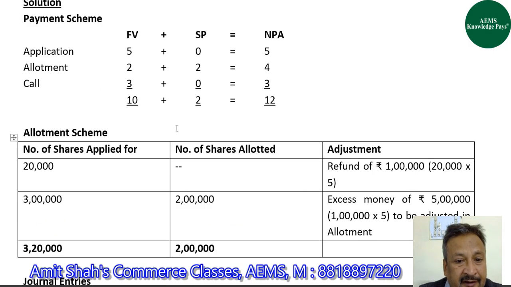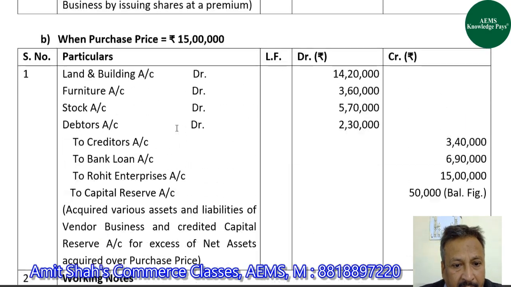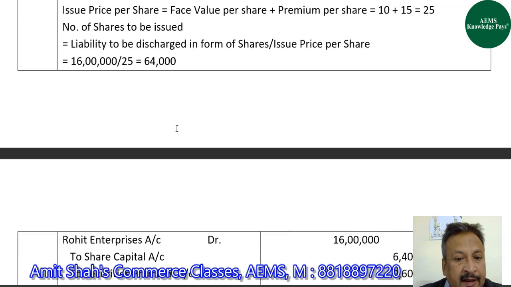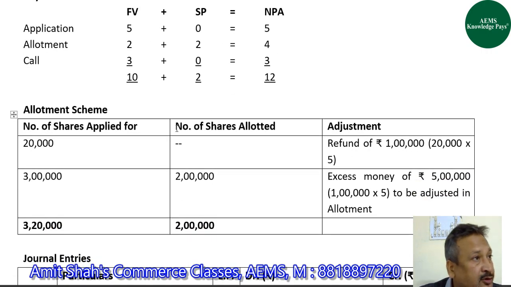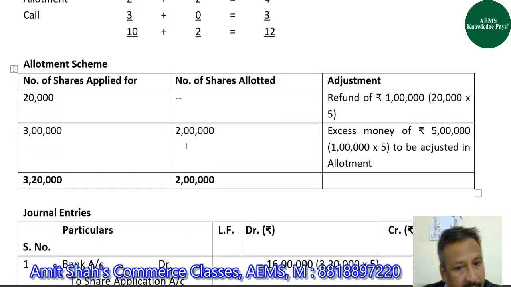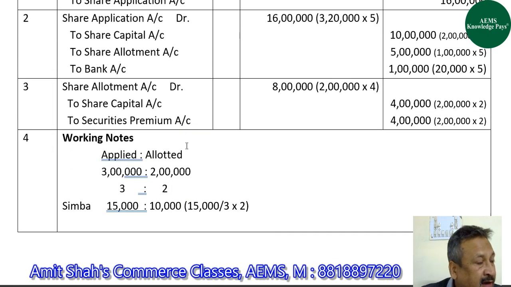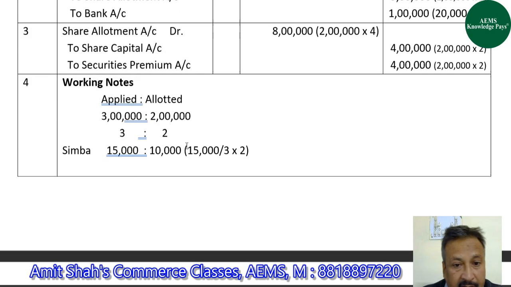So what we are left with in this chapter now is only preparation of ledger accounts and cash book, right? After this, this chapter would be over. Am I clear? Issue of shares for consideration other than cash, that we have already seen, right?